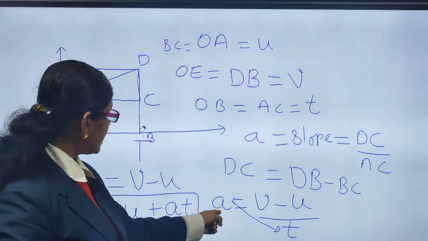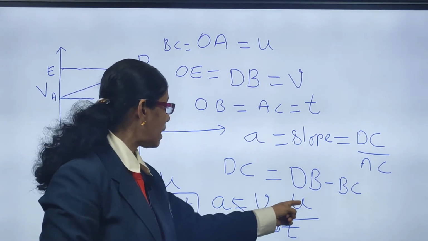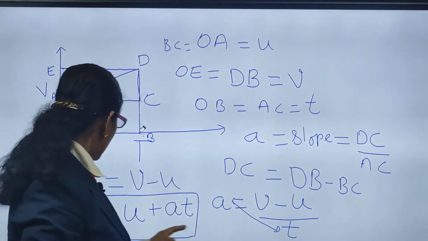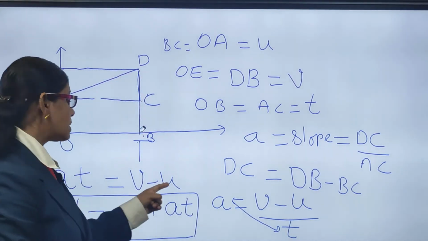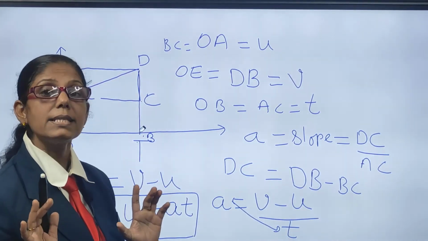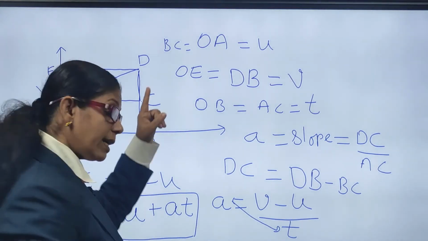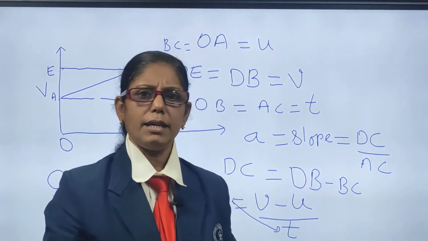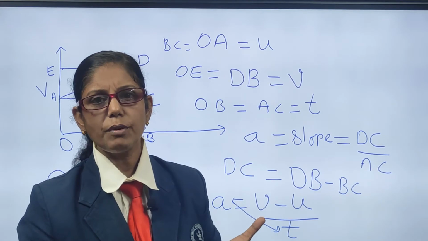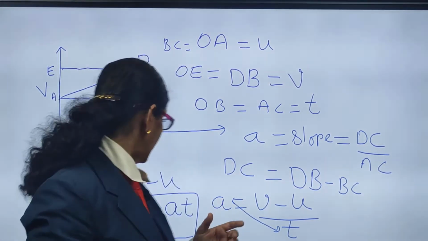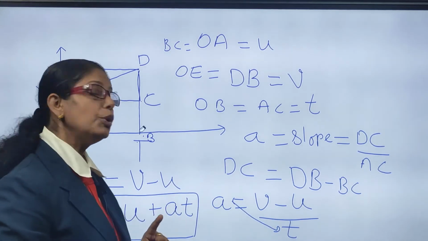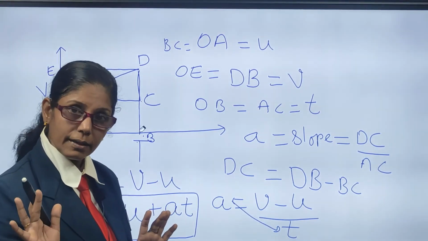So, what we are getting? A is equal to V minus U upon T. Then we are cross multiplying. We are getting AT is equal to V minus U. Now, we rearrange that because the first equation is of the form V is equal to U plus AT. So, V is equal to U plus AT. Is it clear?